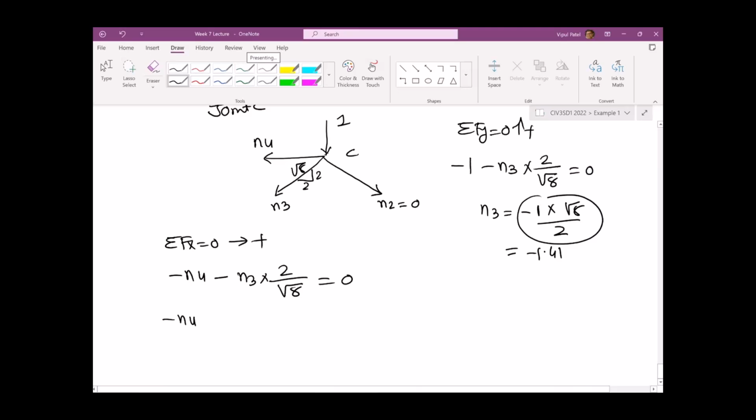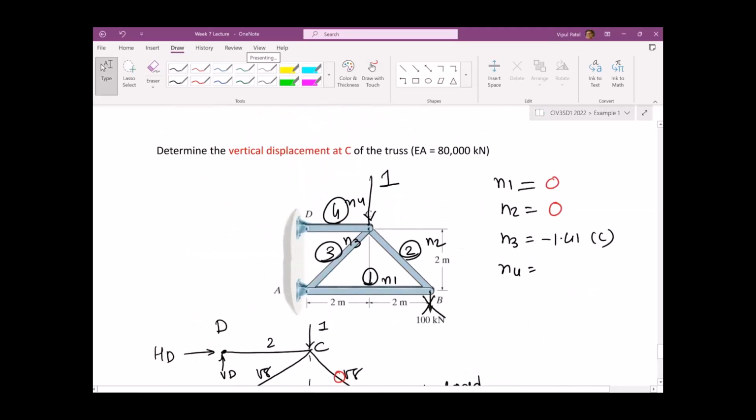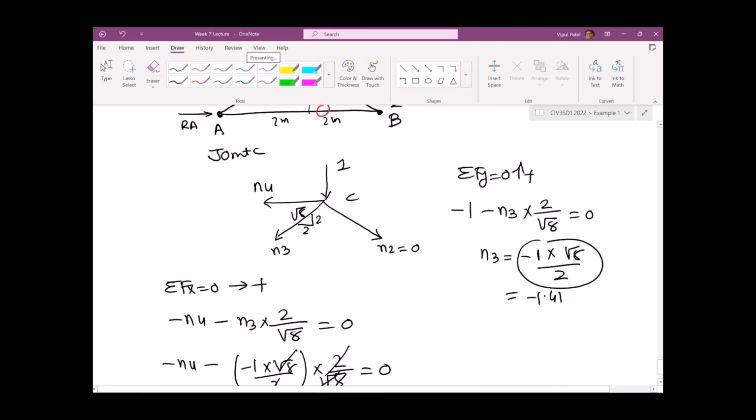Minus N4 minus 1 times square root 8 on 2 times 2 on square root 8 equal to 0. This cancels. So minus N4 equal to minus 1. So N4 equal to 1 in tension. Okay, so we got all these values.